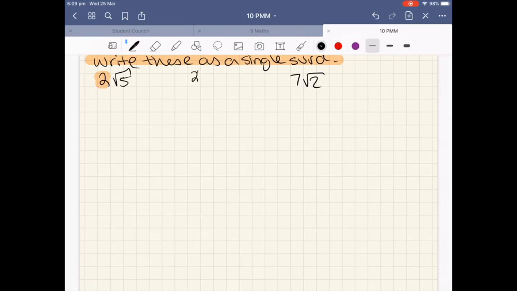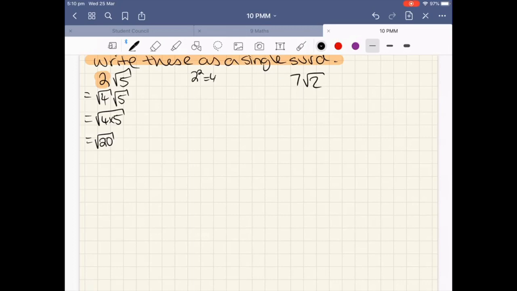The easiest way to do that is to square 2. So 2 squared is 4. So another way to write the number 2 is as the square root of 4. Multiply that by the square root of 5. Using that first surd rule in reverse now, we can write that as the square root of 4 times 5, which is just root 20.